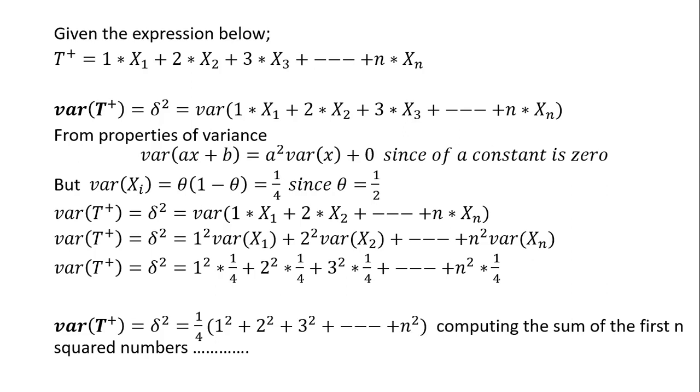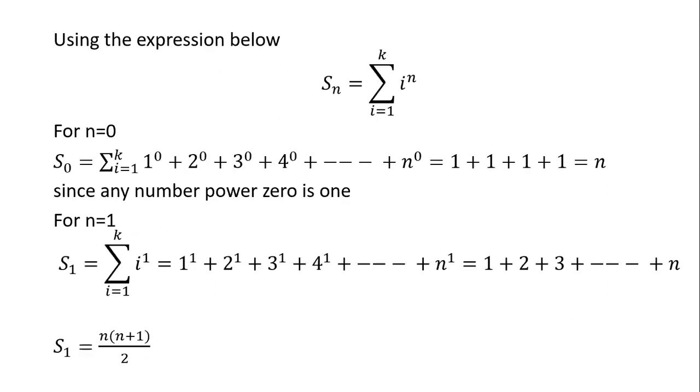To deal with the expression in the brackets, we shall introduce a summation of the sum of n powered numbers. If we begin with numbers powered to 0, the sum of n numbers powered to 0 is n, because any number to the power 0 is 1.